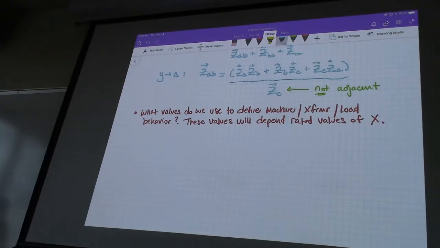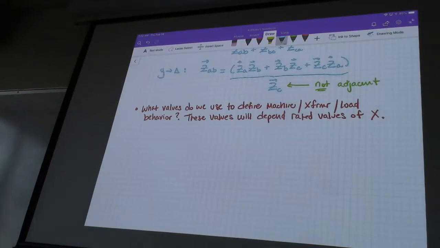Sorry, I have a cold. So let's say there's two different ways to define a device. Let's say we have resistive loads. Okay, keep it simple. We have three resistive loads, connected in a three-phase system.